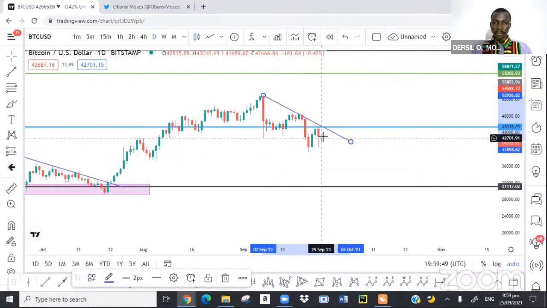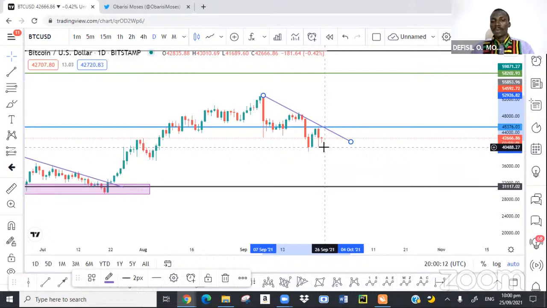So with this dragonfly doji over here, which indicates a market reversal in the opposite direction, we will not just jump into buying, neither will we jump into selling.